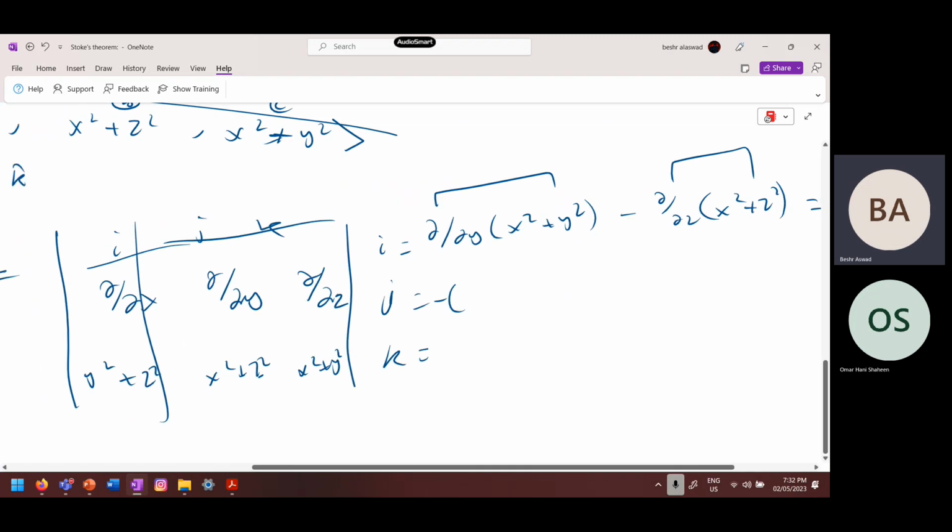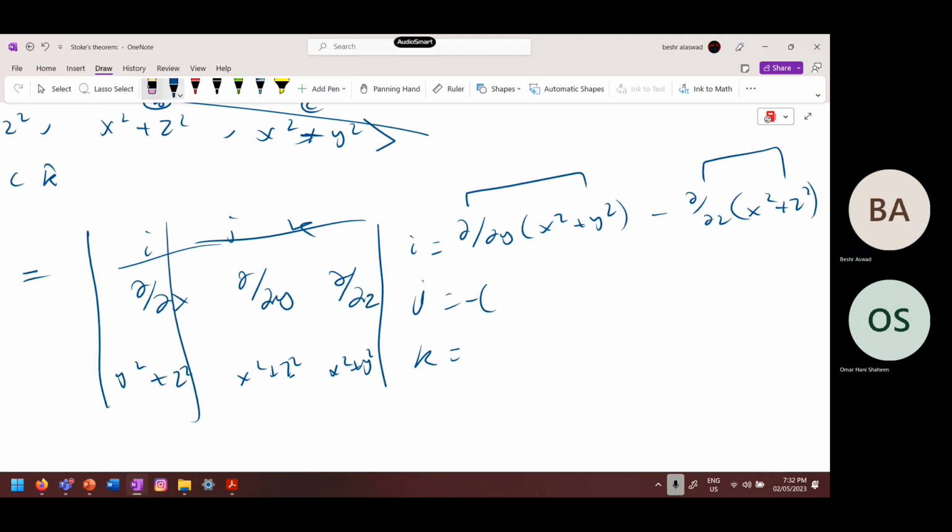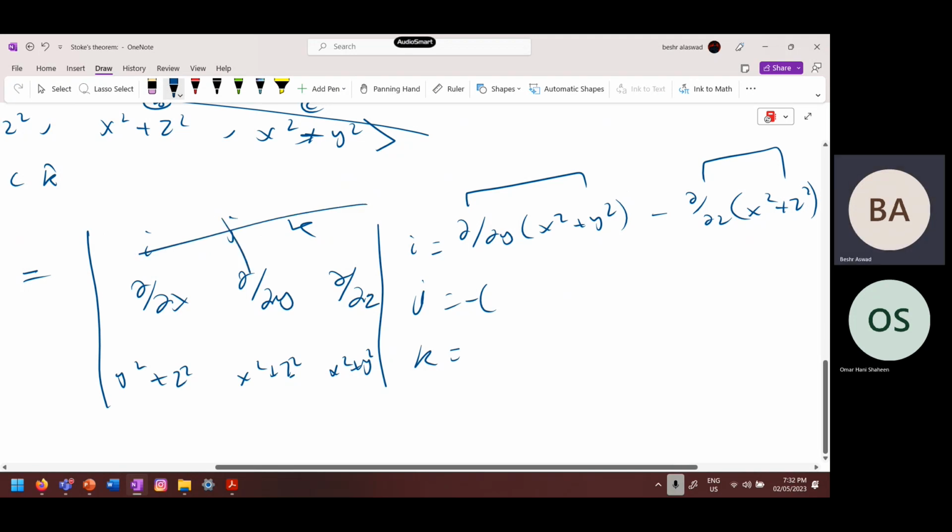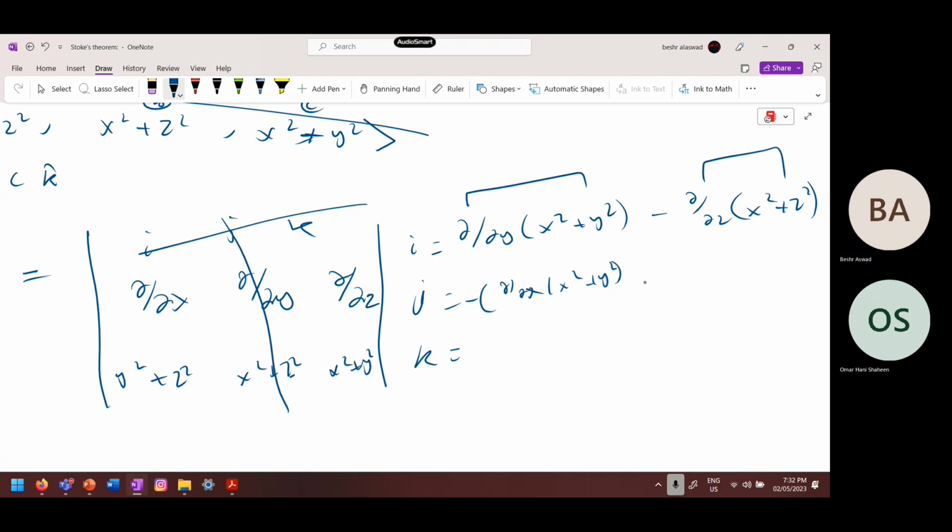As for the j, okay, cross this, get partial over partial x of x squared plus y squared, minus partial over partial z of y squared plus z squared.